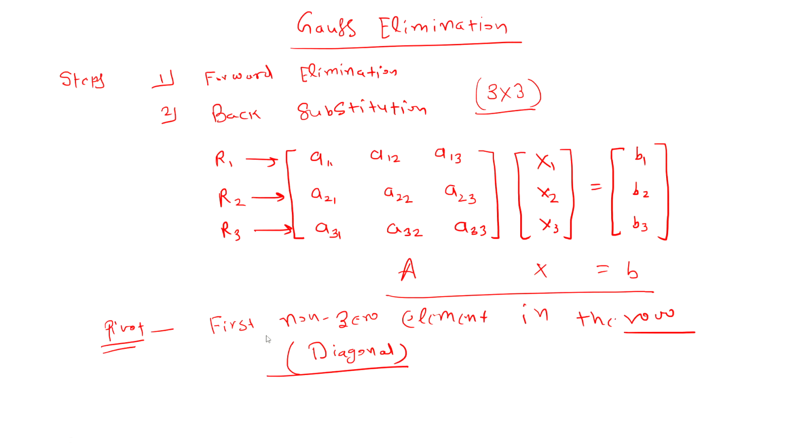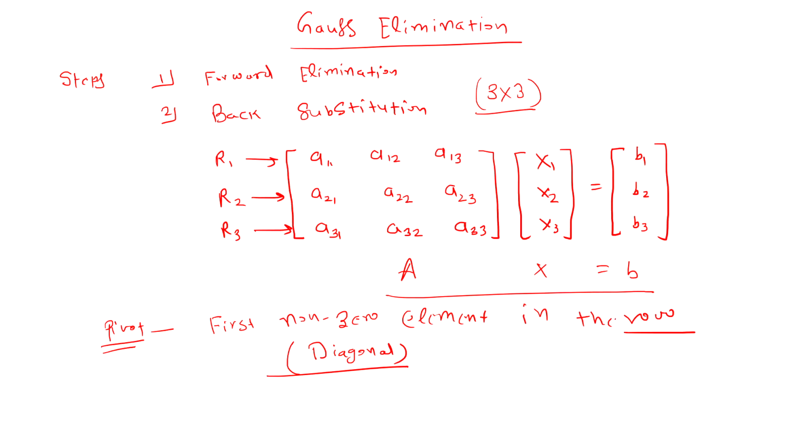And in forward elimination, what we will do is make all the elements below this pivot 0. So that is called forward elimination.